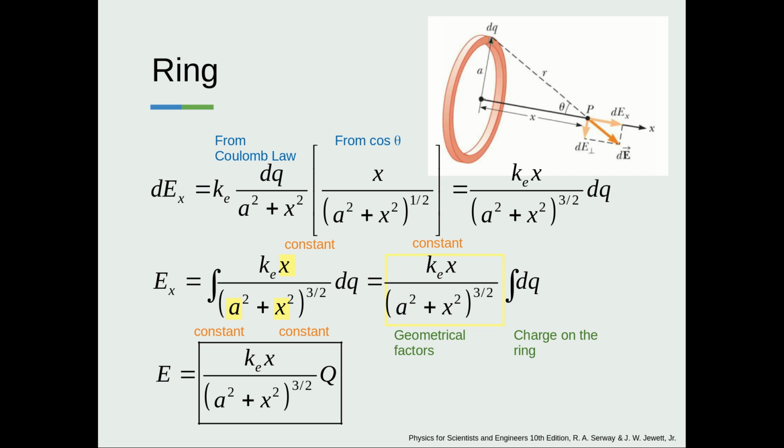So let's do a little bit of arrangement for the equations. Here we see the big structure from the Coulomb's law, and this is from cosine theta from the geometry. It looks a little bit complicated, but we can just put them together. So now the a squared plus x squared, you can just combine them, with the power 3 over 2.